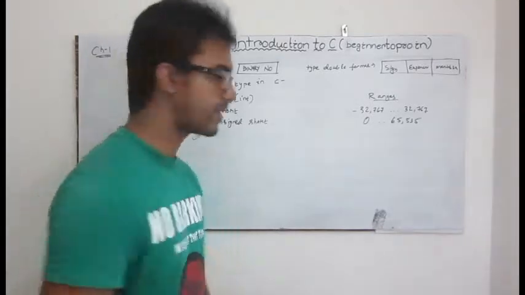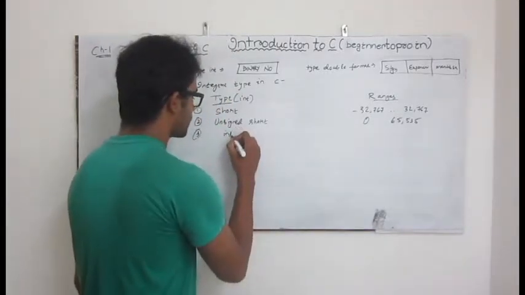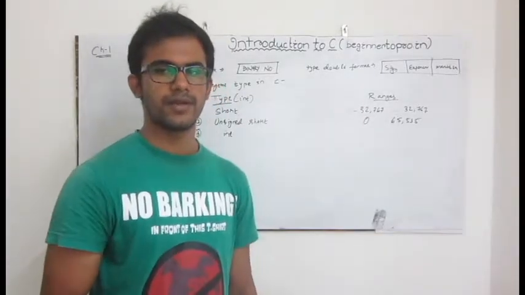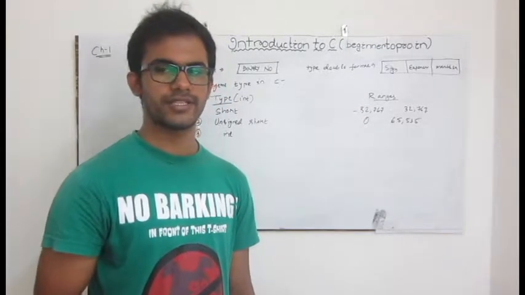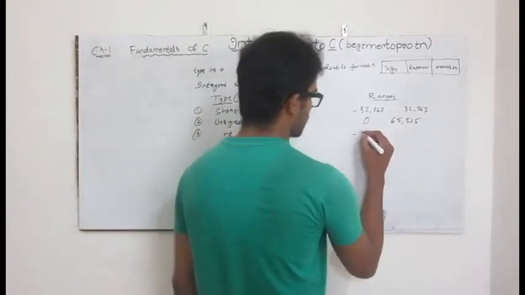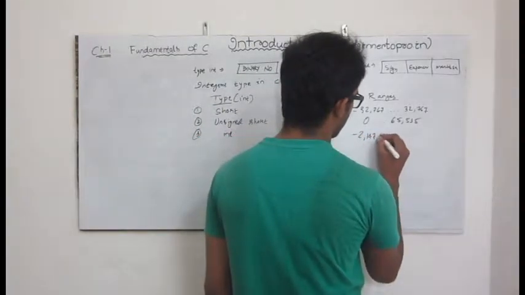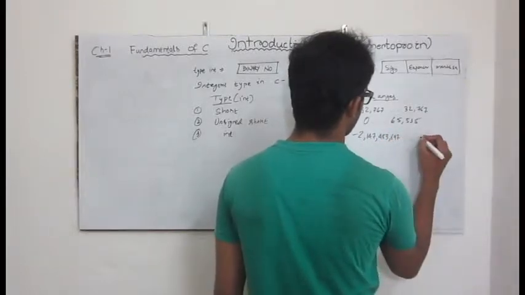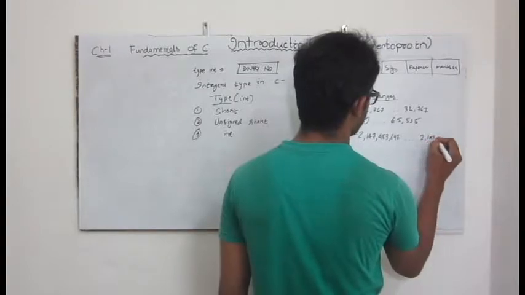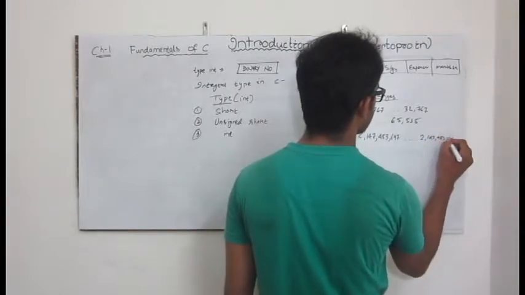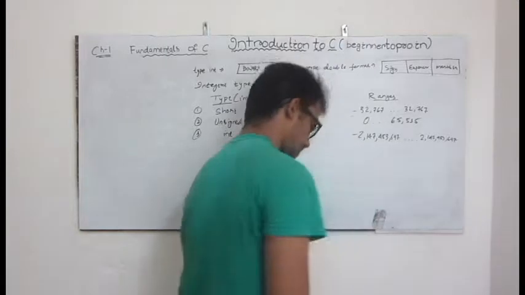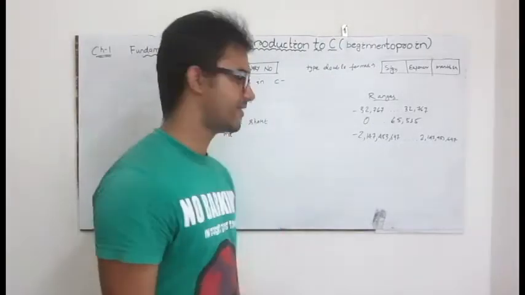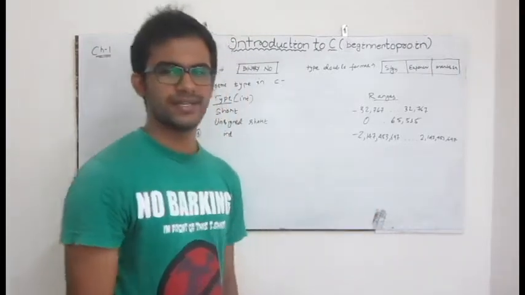Next type is only int, only integer, and the range is from -2147483647 to 2147483647. I have remembered this number, that's why I told you. You also need to remember this number.